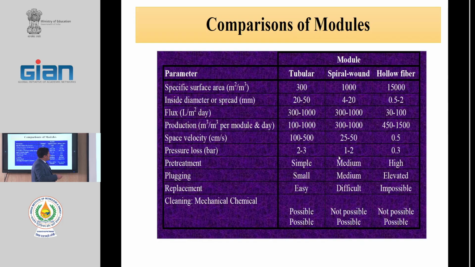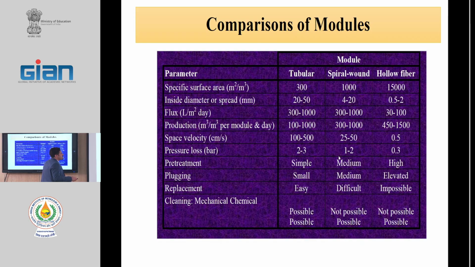When we check the cleaning, I say that the tubular membranes are very easy to clean and very easy to replace, with very small plugging. But hollow fiber membranes have very high plugging, replacement is impossible, and the cleaning is very hard. We write not possible, possible. In some cases possible, in some cases not possible.